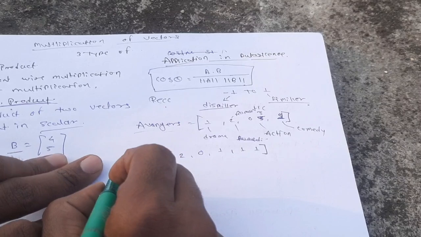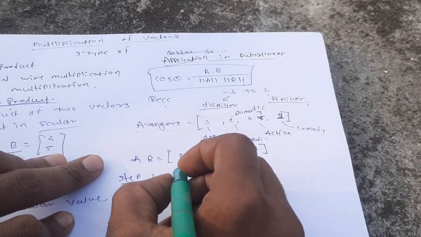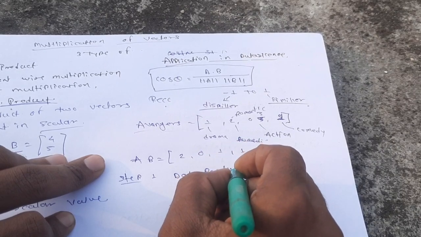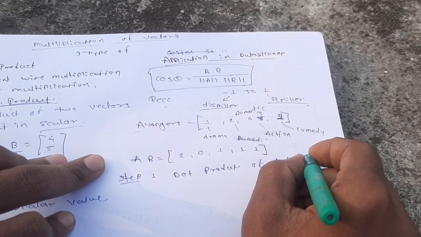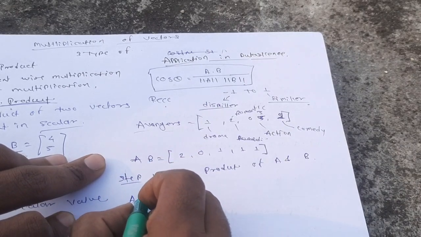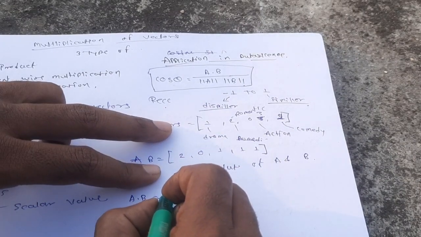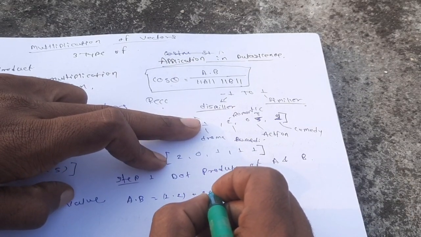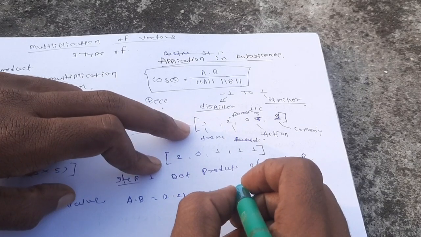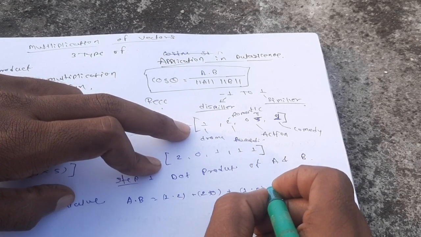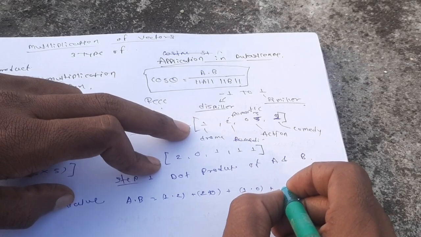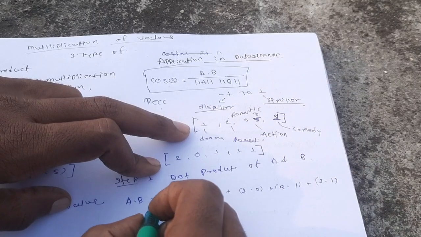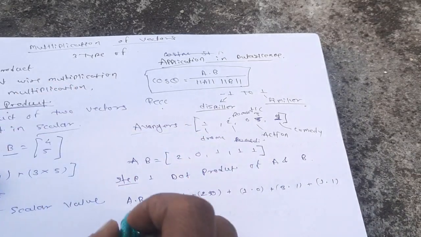The first step is to find the dot product of A and B. The dot product of A and B is 1.2 plus 2.0 plus 1.0 plus 3.1 plus 1.1, which is nothing but 6, right?